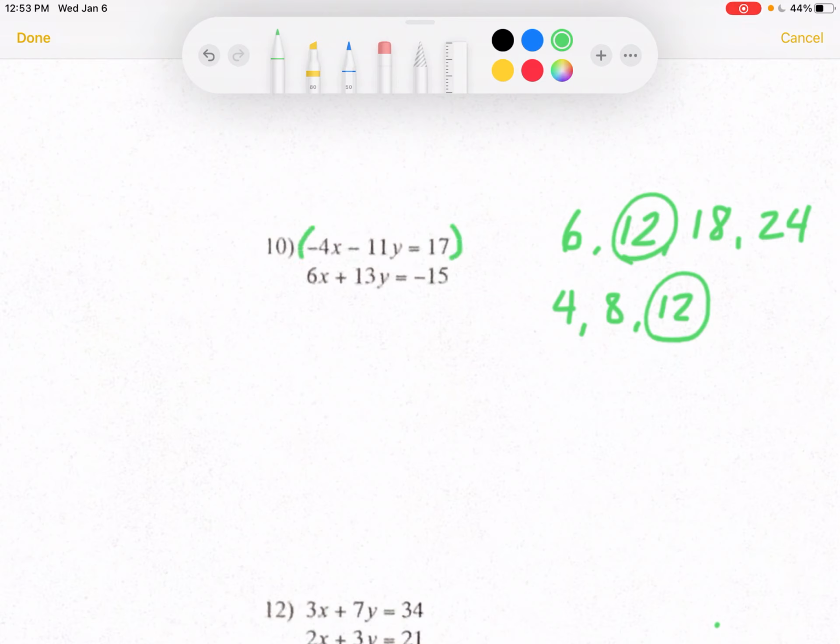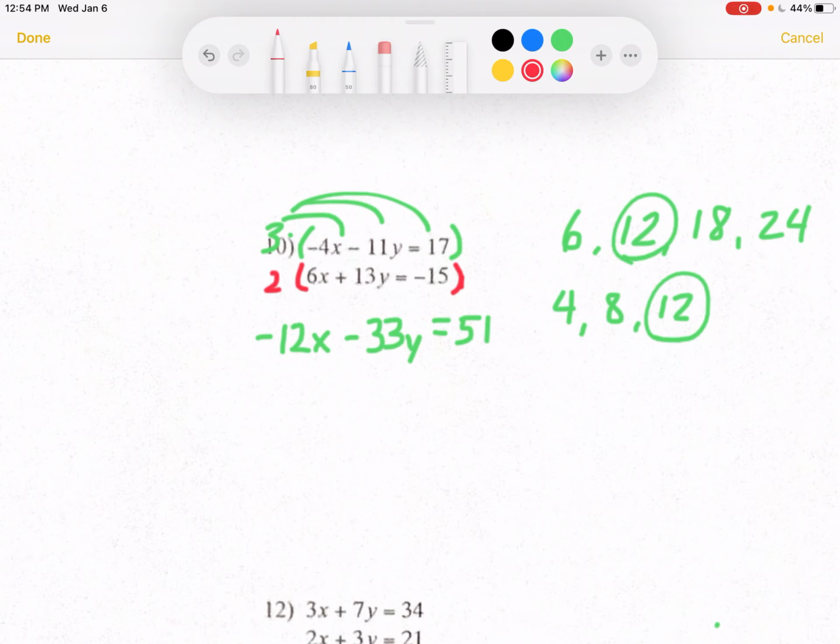So if I'm going to get negative 4x to turn into negative 12x, I need to multiply it times 3. If I multiply 3 all the way through here, I'll have negative 33y and 51. So then you need to think about multiplying the second equation by something to get it to 12x as well. So that's going to be 2.